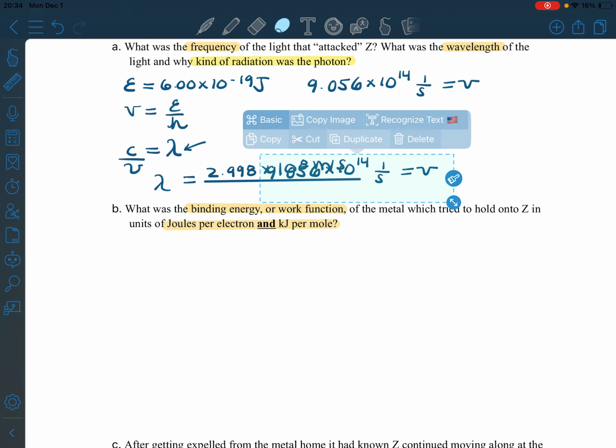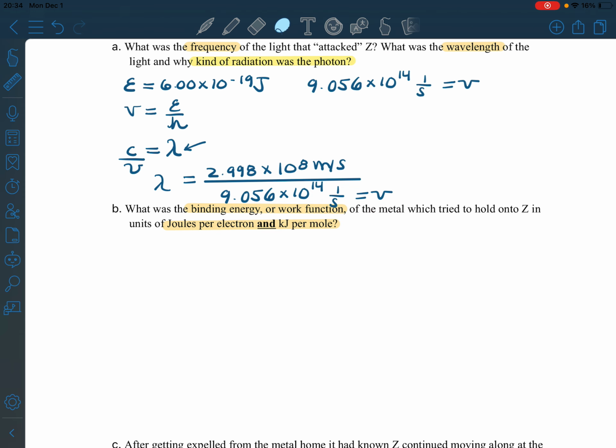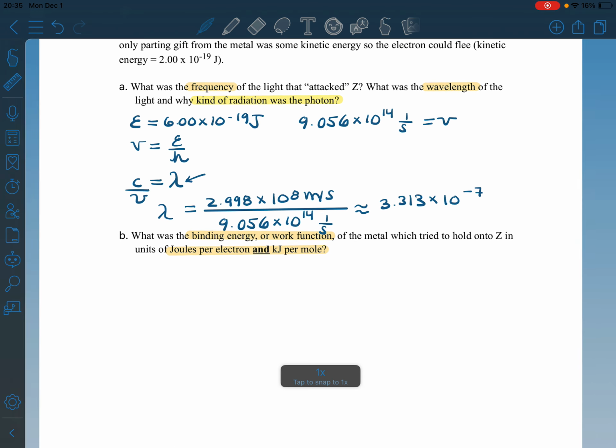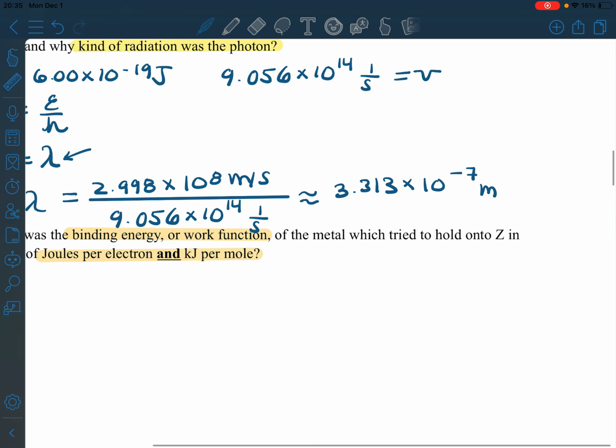So let me duplicate that. Which is going to get me a wavelength that comes out to approximately 3.313 times 10 to the negative 7 meters, because these seconds are going to get canceled out when we do that.